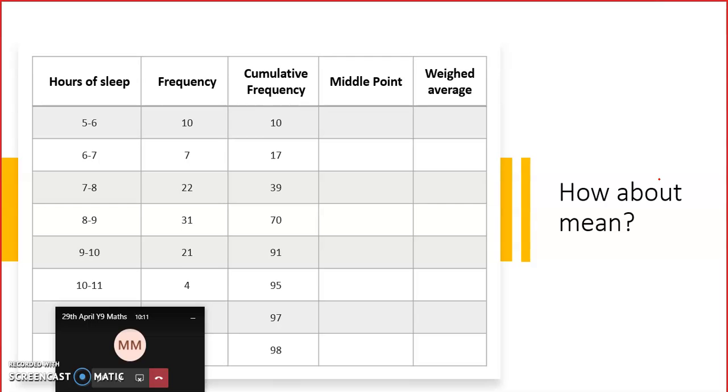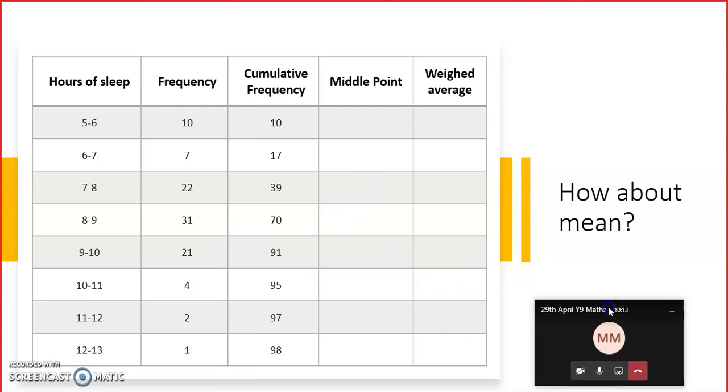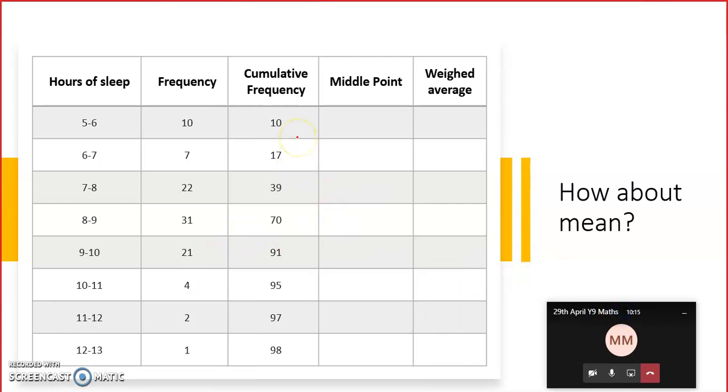Okay, so if we have the cumulative frequency, I'll summarize that into here. It's the same figure. Now the total number says it's 98. So that means there are 98 people being surveyed in this question. Therefore, we need to find halfway through.